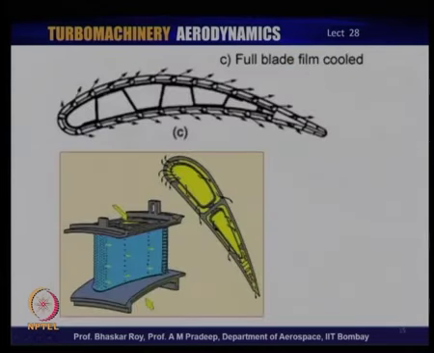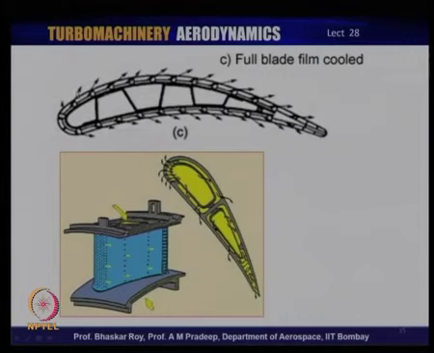Now, this is a picture of a full blade film cooling. We have so many separate passages through which air is brought in. Here in this picture, you have two large passages. In the picture over here, you have a number of passages, each of which caters to one hole or two holes, and through which air is brought out, and each of these holes then creates a little bit of film over here. It is a continuous process, as we just saw.